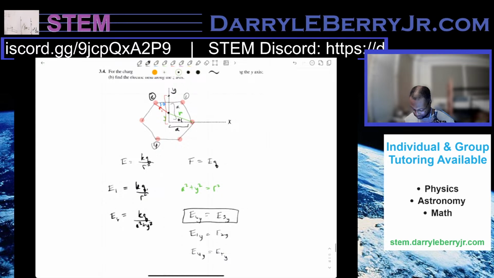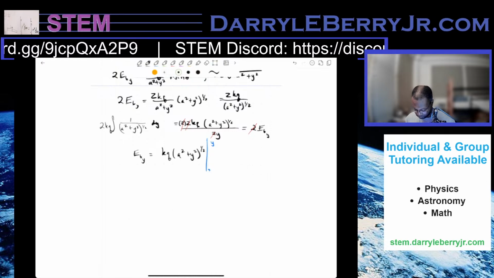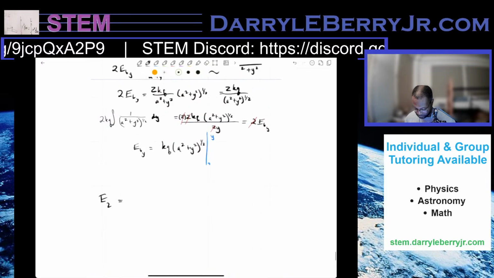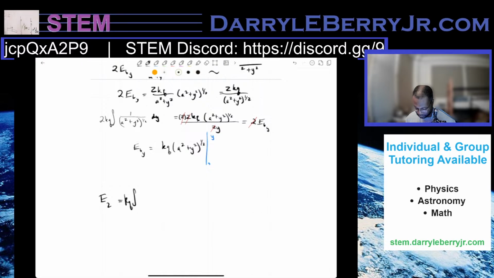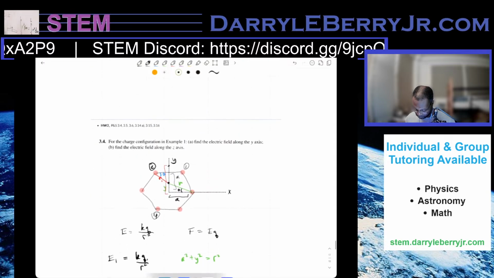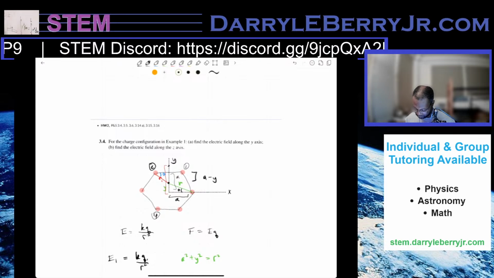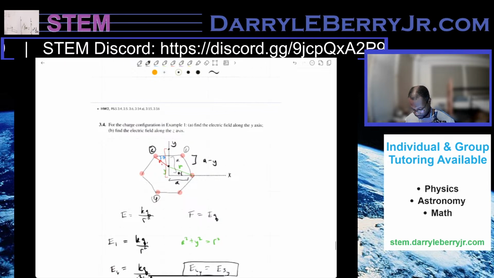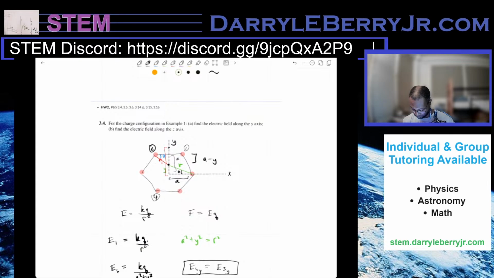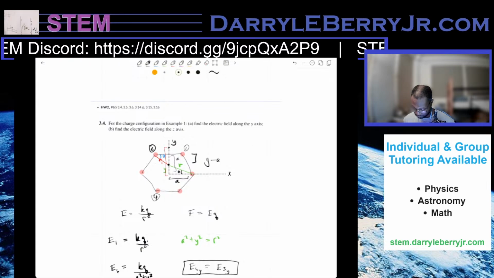R instead would be e2 equals the kq 1 over, and this is a minus y, y minus a. That's y minus a. So it can work out.